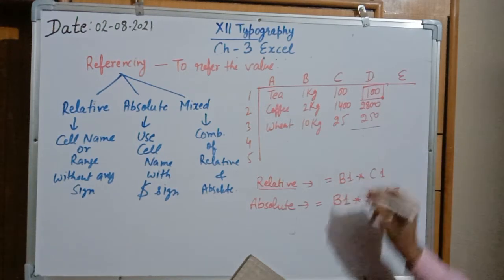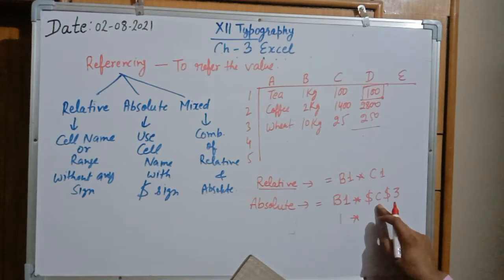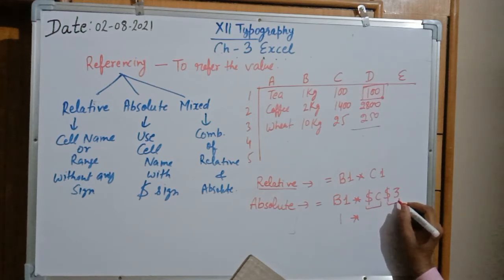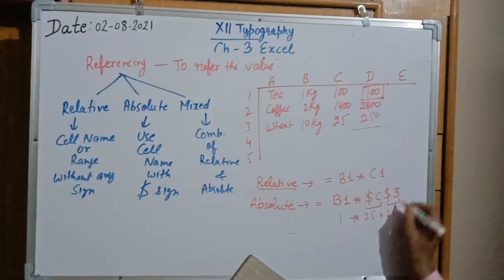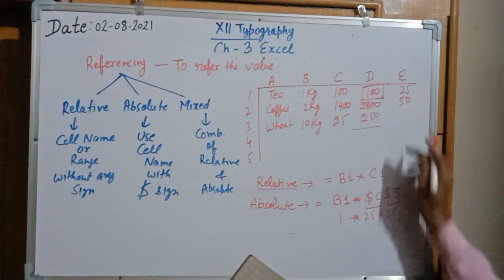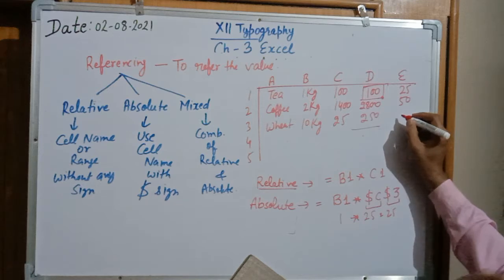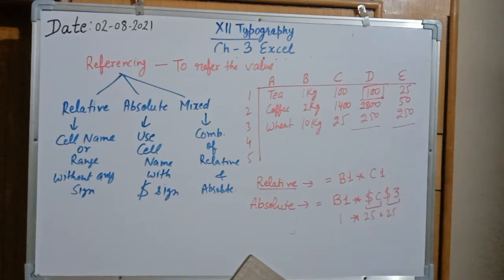B1 is 1. Now the value will be picked from C3. The column name is fixed, it will be C, and the number is fixed, that is 3. C3, what is it? 25. So it will calculate here 25. It will calculate here 50, because C3 is fixed. It will not change, and it will calculate here 250. This is the difference.